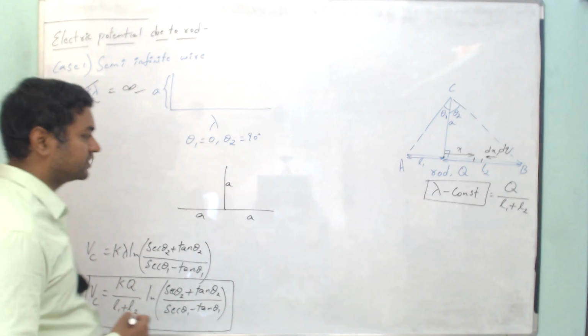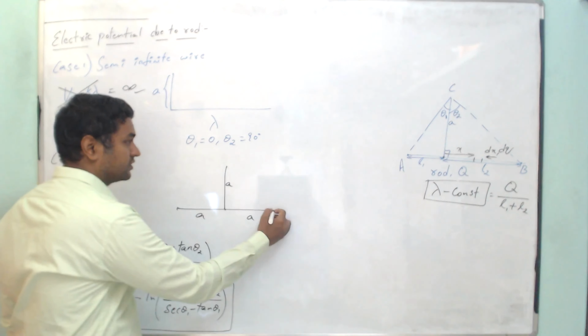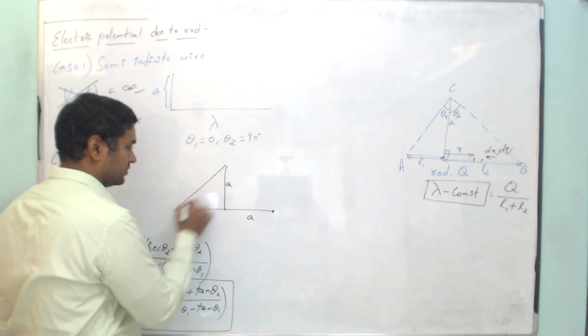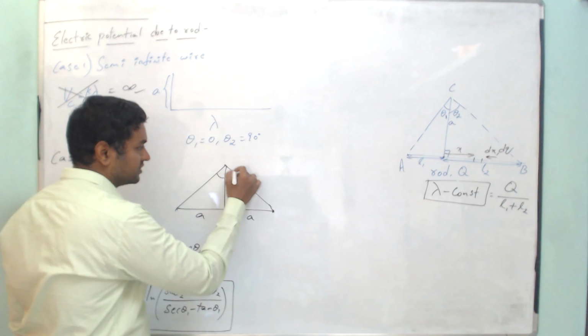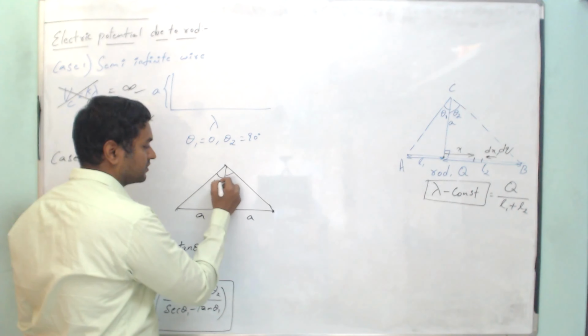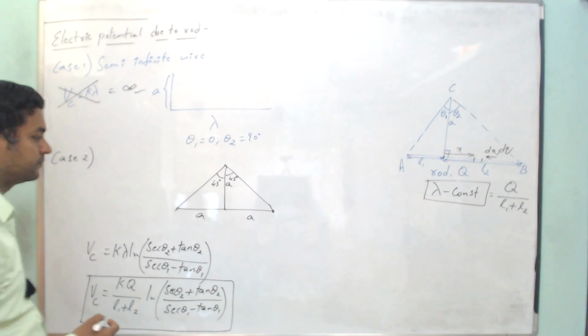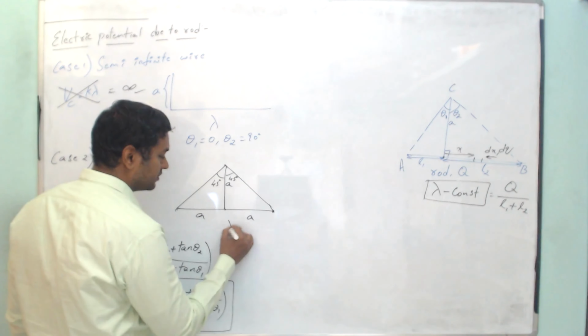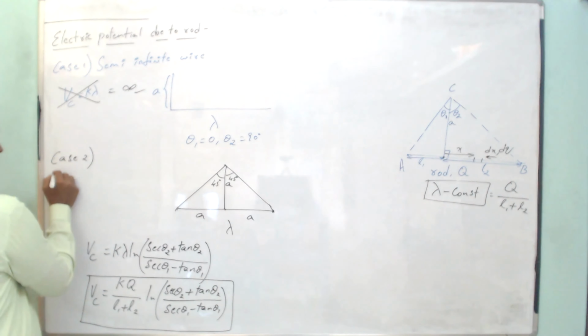So suppose we have a rod of length 2a, from here to here. What I'm trying to show is that this is 45 degree, this is 45 degree. Let us take this as lambda.